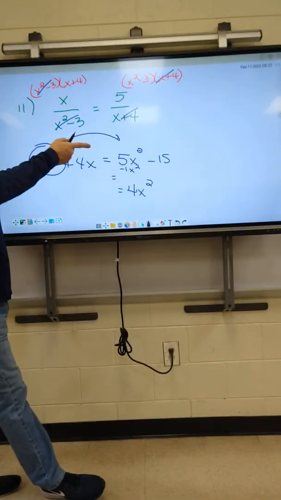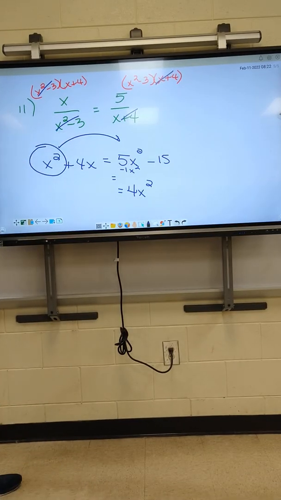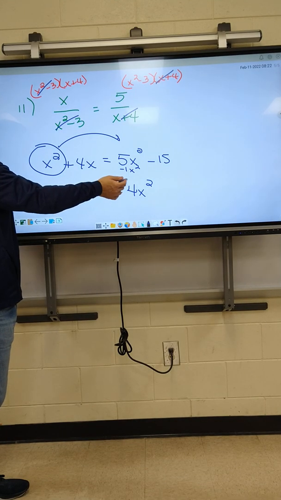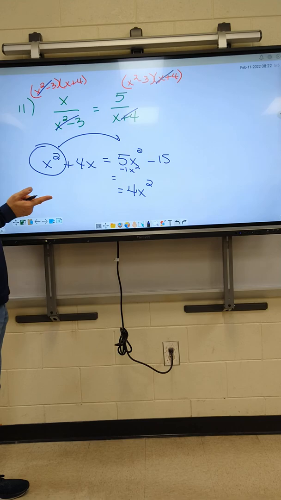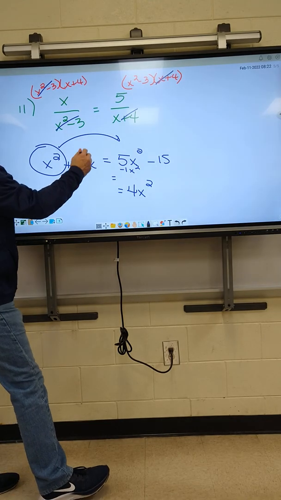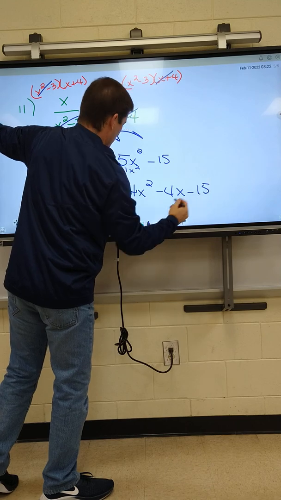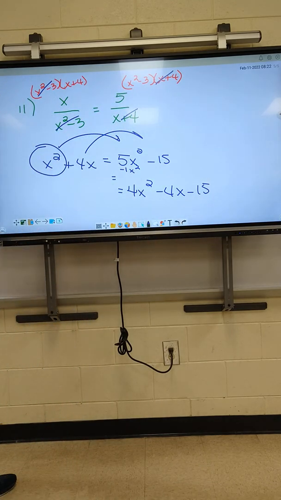Now, why am I moving everything on the right side and not everything on the left? Because I like that first number to be a positive. I don't want it to be a negative 4, especially if you're going to try to factor. All right, so I'm going to move this 4x over. It's negative 4x minus 15. All right, you guys do quadratic formula with that one. And this one might have an extra step at the end I have to show you. I'm not sure.